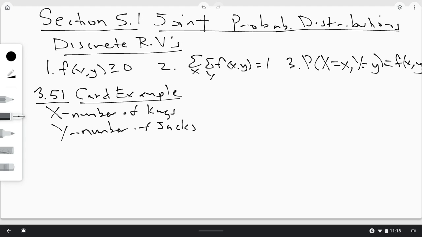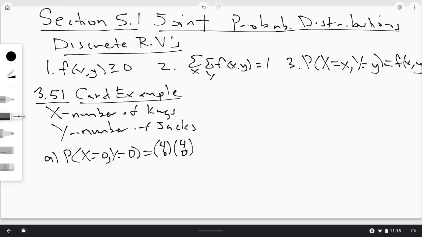So if we look at A, the probability X is equal to 0, Y is equal to 0. Now, how can this occur? How can we get 0 kings and 0 jacks? Well, we choose 0 jacks from 4 and 0 kings from 4.